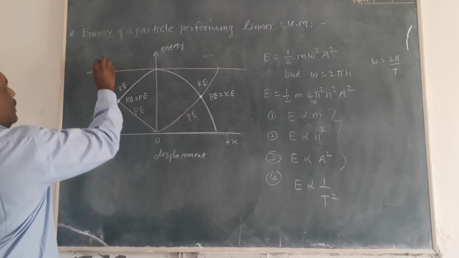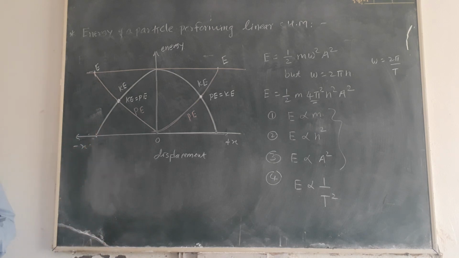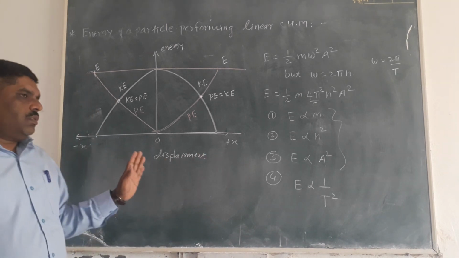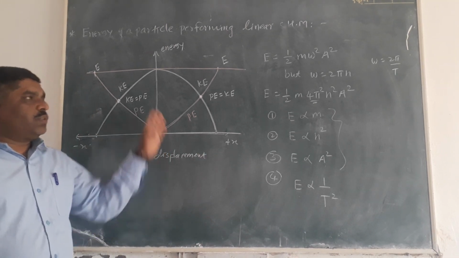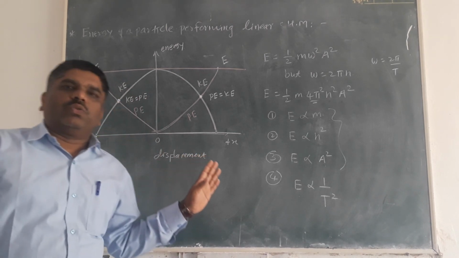This gives the total energy. This graph shows the variation of kinetic energy and potential energy, or this graph is displacement versus energy. The nature of graph is very similar to a parabola.